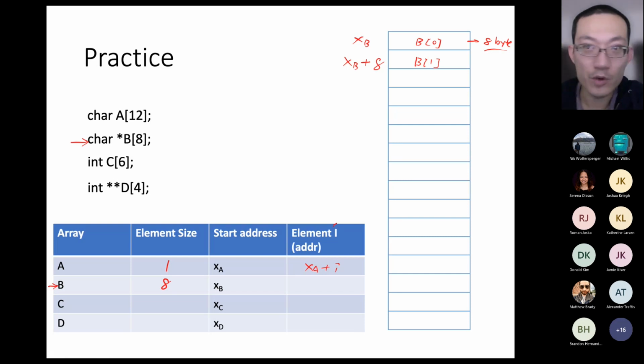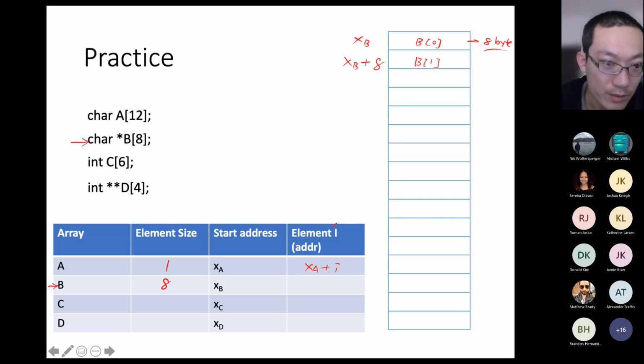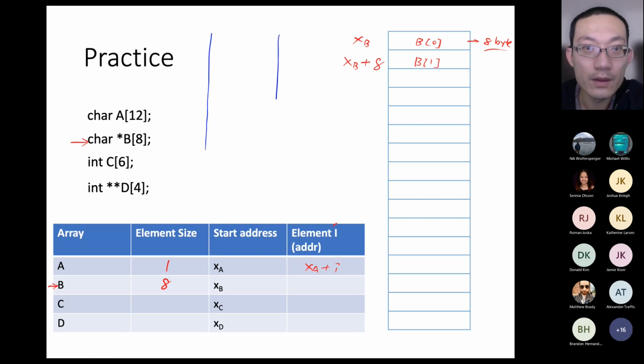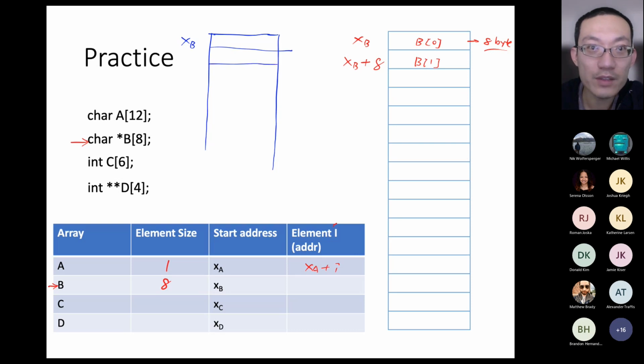Or I can give you a clearer example. On the right side, each slot denotes one element. In our example, because the element is 8 bytes, each slot is 8 bytes. Let's draw the memory byte by byte. This is the memory, and the start address is XB. We need 8 of these subslots, since each slot is 1 byte.